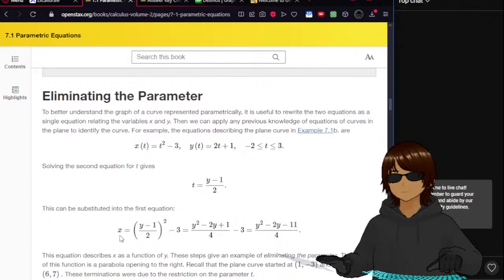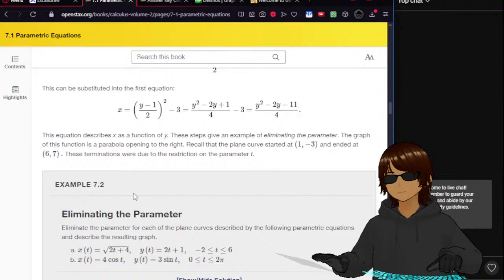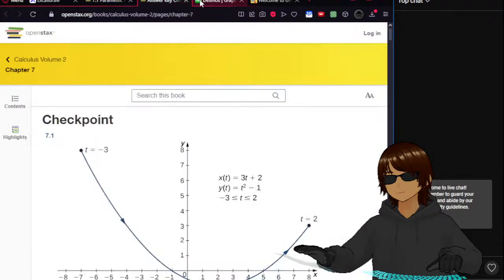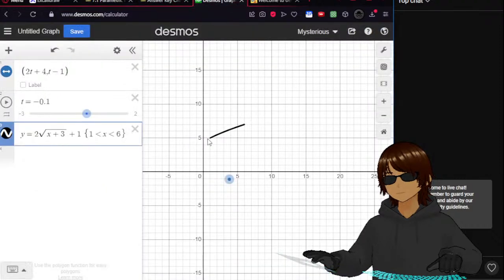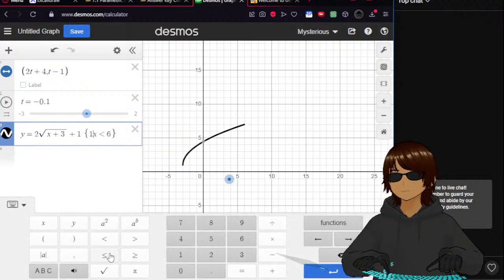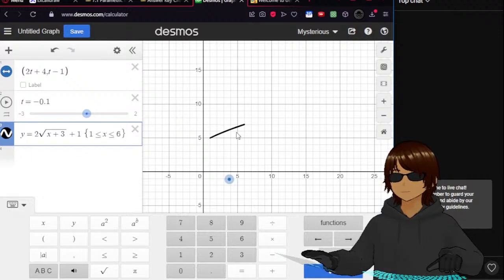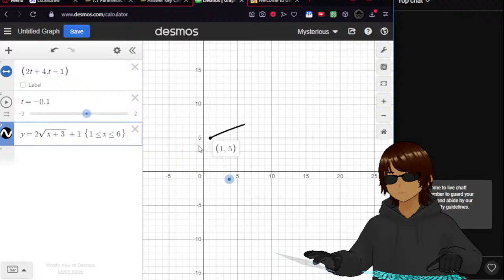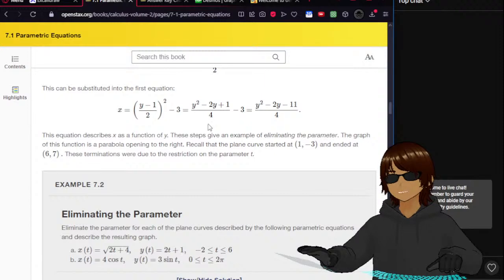They're defining it in terms of x. Six, 7, and 1, 5. What do we have here? It says 1, negative 3.